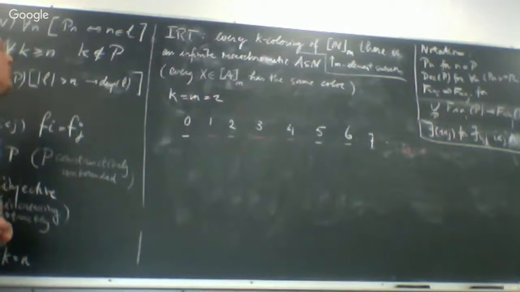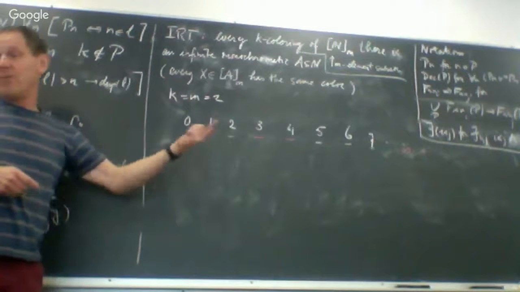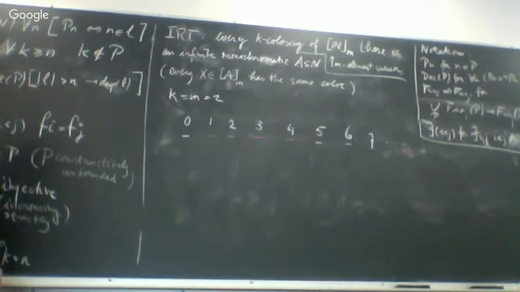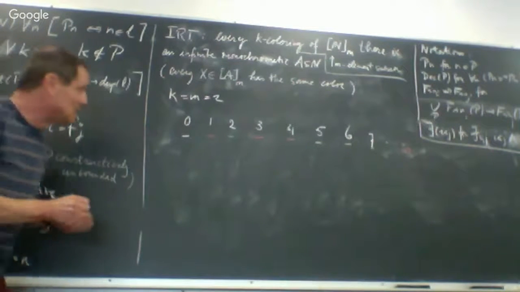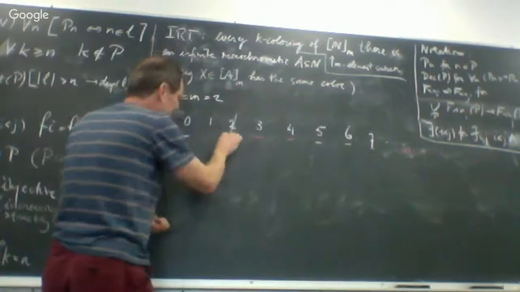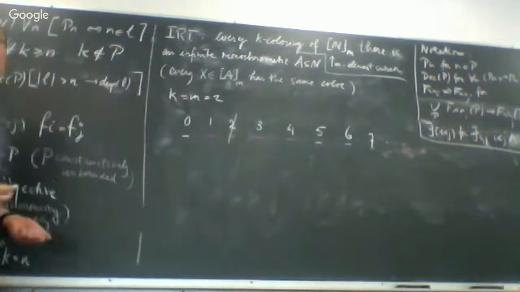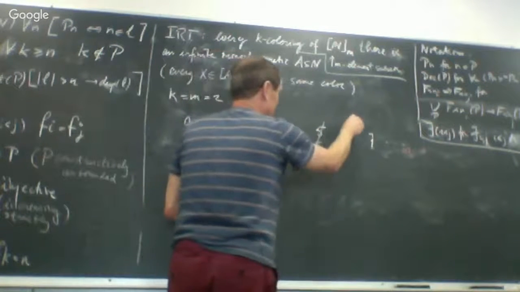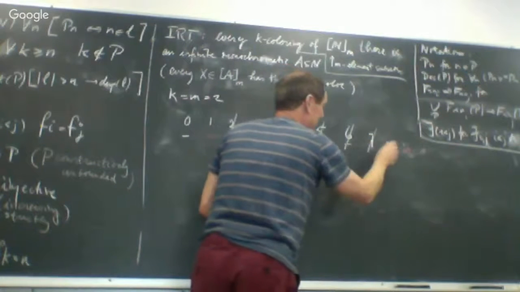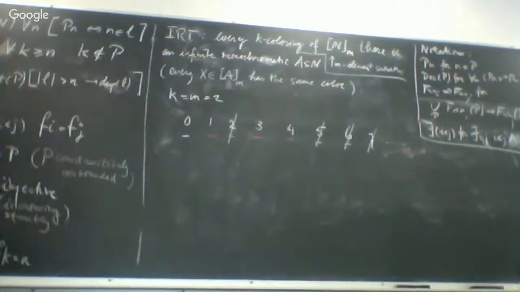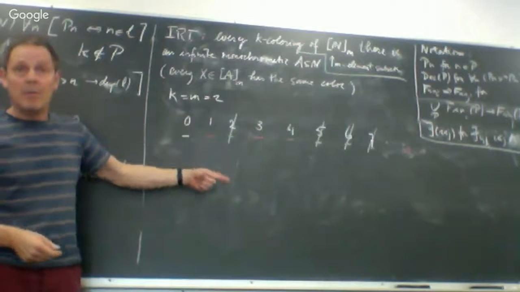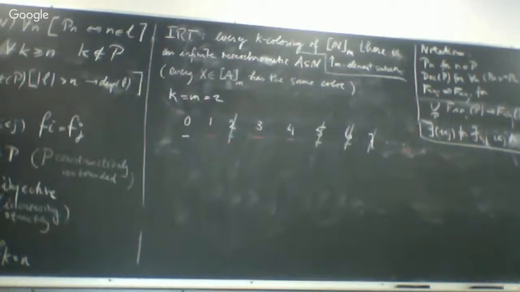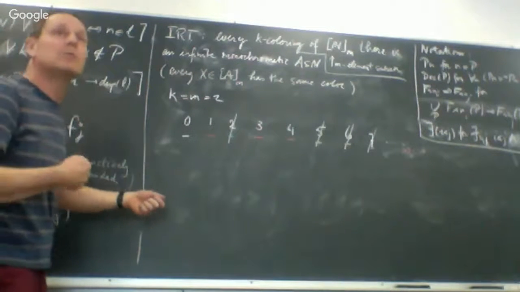I can say: always choose the first color if both occur infinitely often. So I will not look at the numbers that are green with 0. I kick them out, and I only keep the infinitely many. So in any step of the algorithm, I keep an infinite subset of the natural numbers.